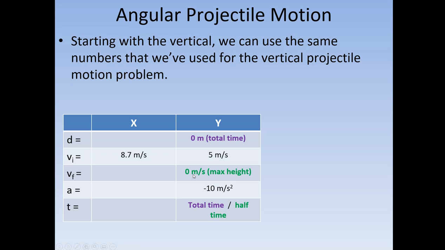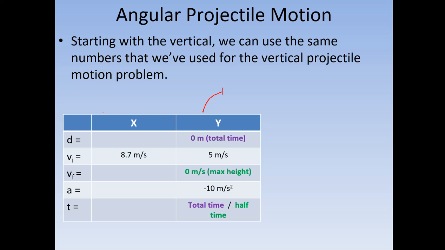Now, here's the one weird thing that you have to be careful of. You need to make sure that the times for these two columns make sense. There are going to be very few times, not super common, but it comes up every now and then, where when they talk about the Y values, they give you information for going to its max height.